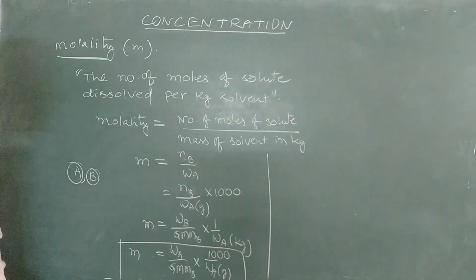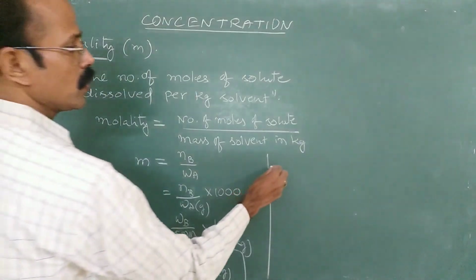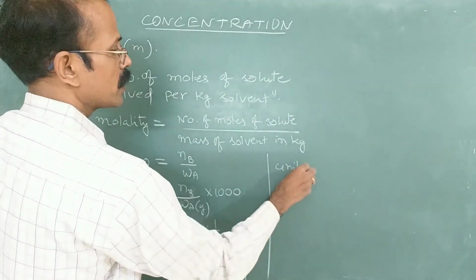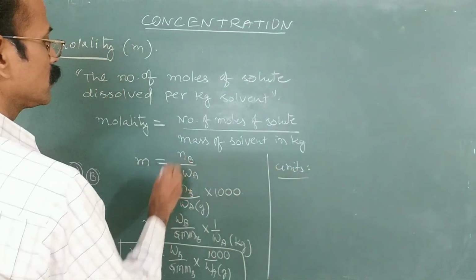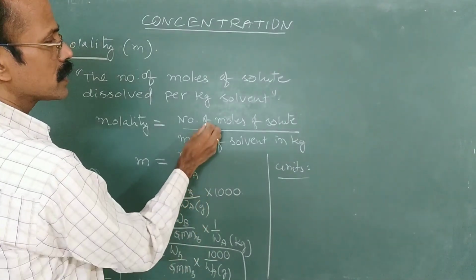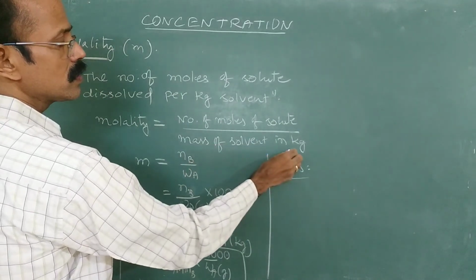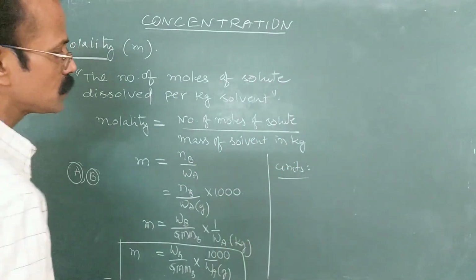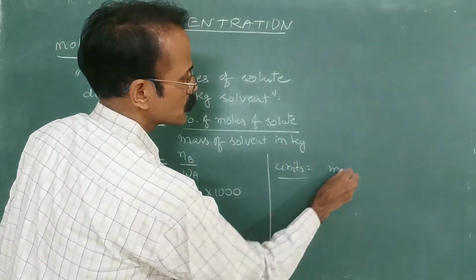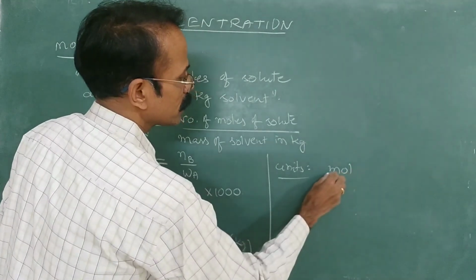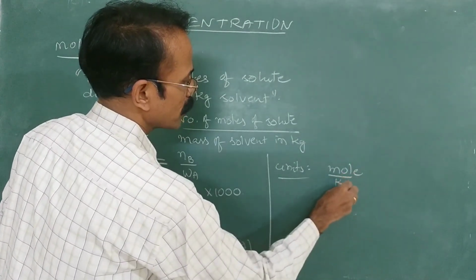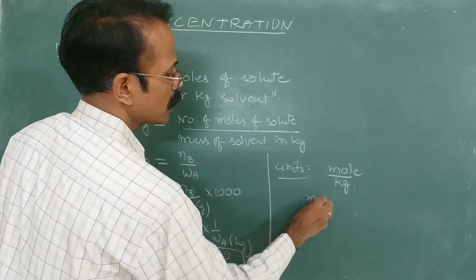Now, what are the units of molality? Here it is the number of moles, and here it is the mass, that is in kg. So the unit is mole per kg, mole divided by kg.